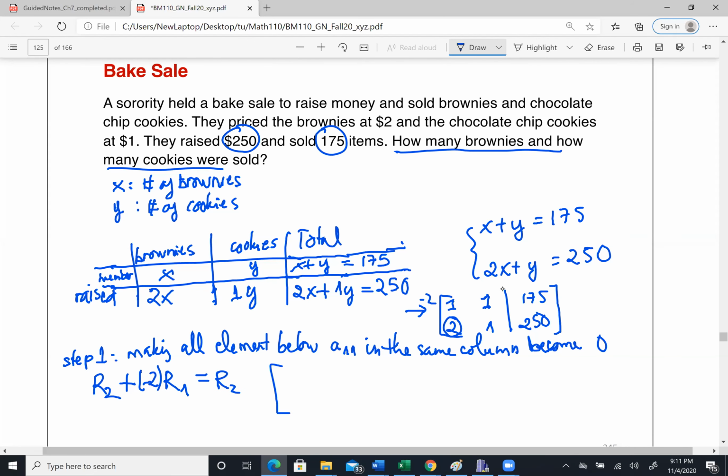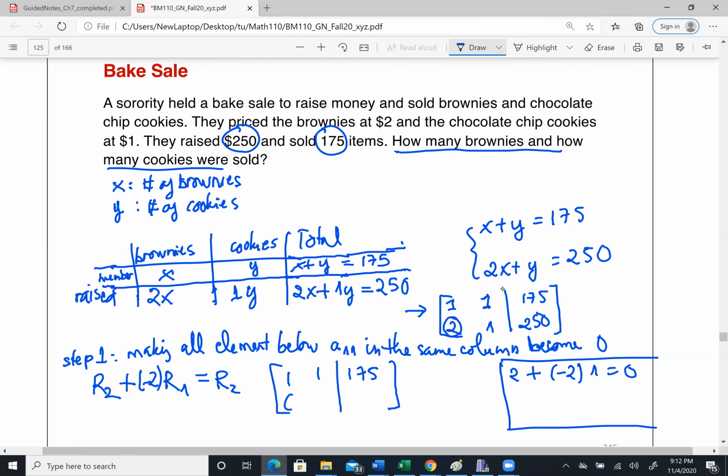So I have the new system. The number 2 added with -2 times 1 is 0, right?